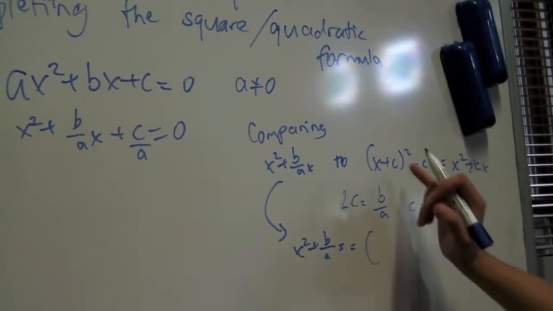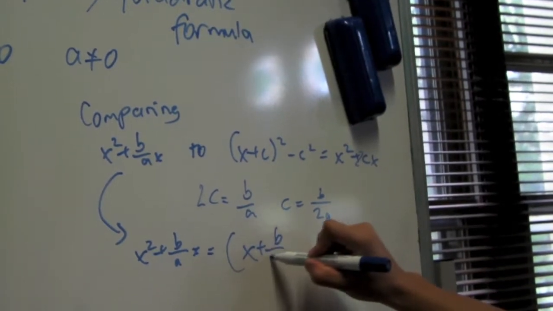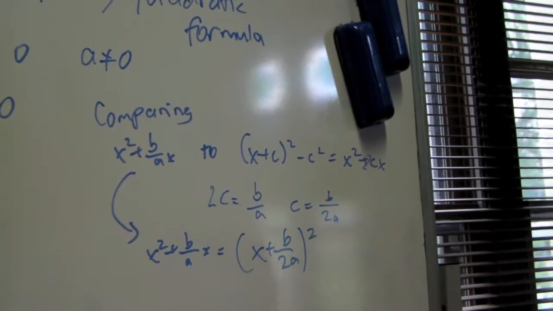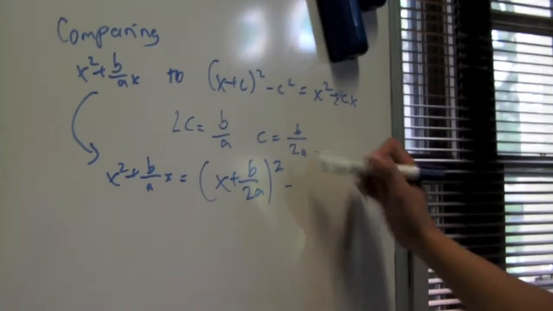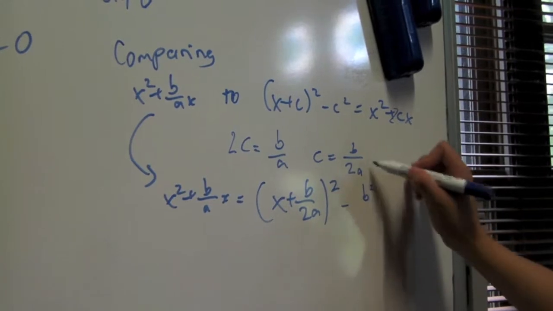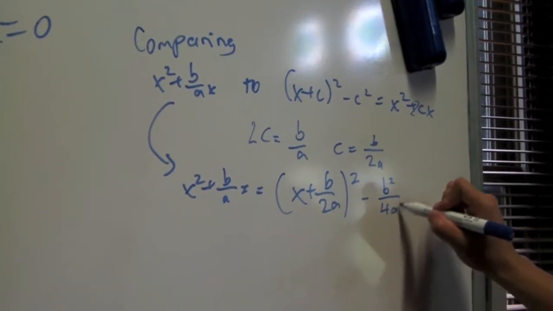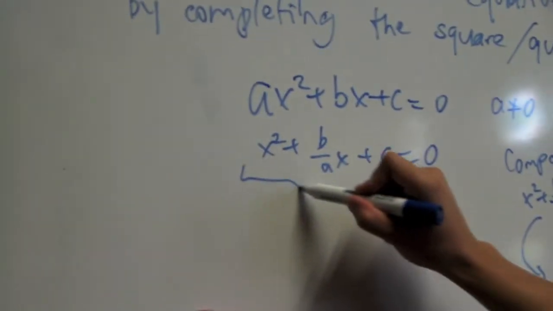If I rewrite this in that form, we get x plus b on 2a squared. But now we need to subtract c squared. So we're going to subtract b on 2a squared. If I square the top, it's going to give b squared. If I square the bottom, it's going to be 4a squared. So we've written these first two terms in that form.